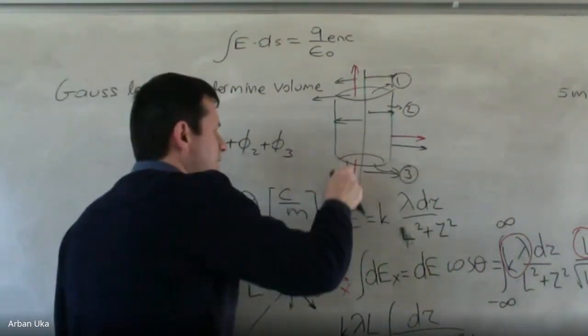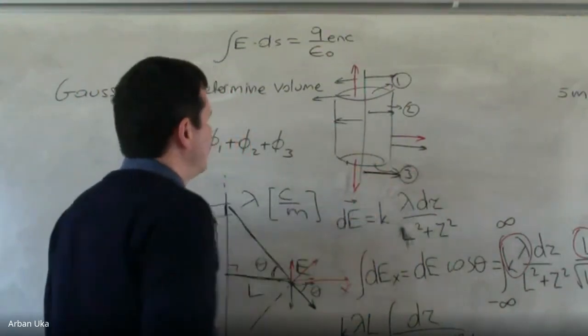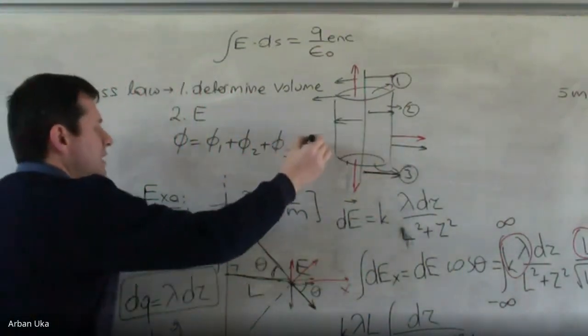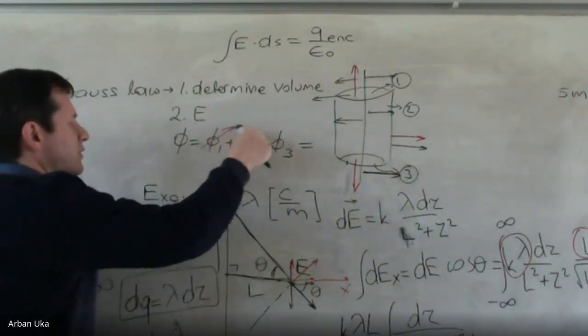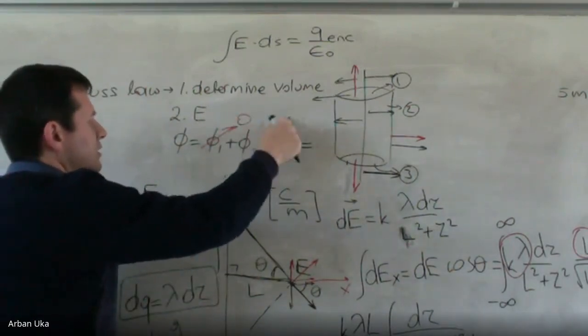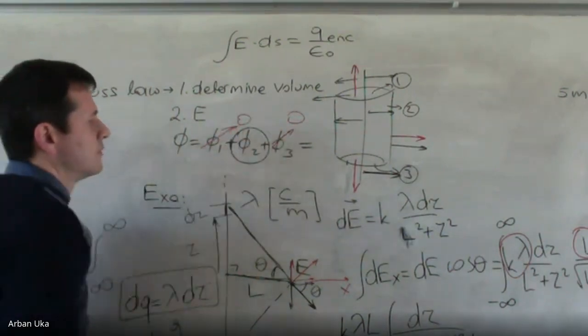This was a mistake: the electric field, even at the surface, is like this. So it is easy to see that the flux over surface 1 and over surface 3 is 0. We are left only with flux 2.